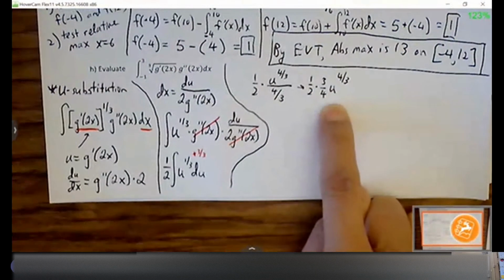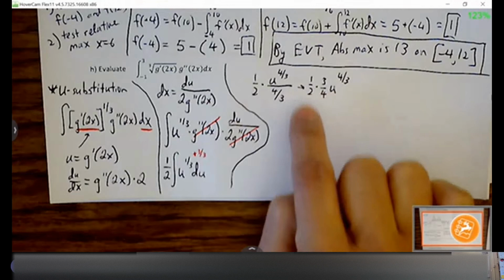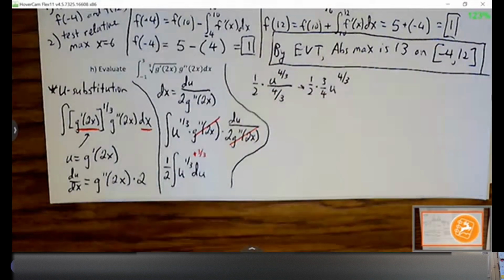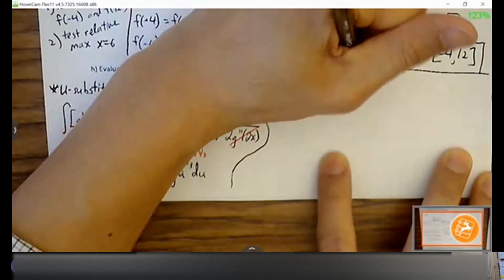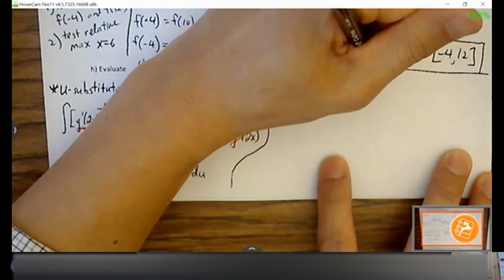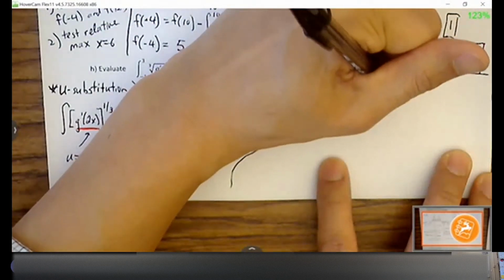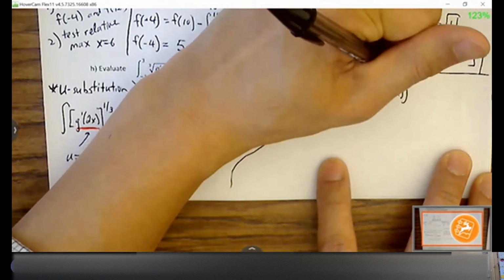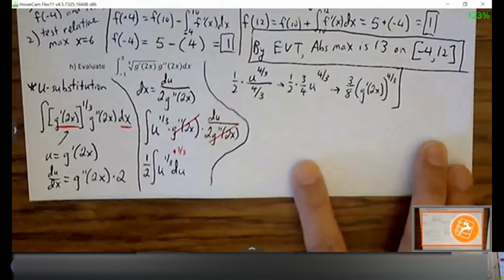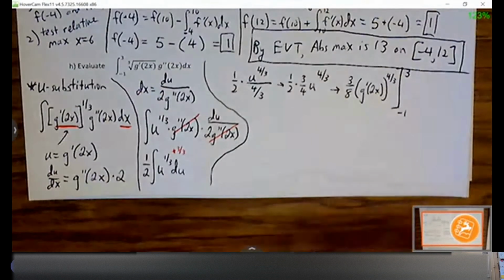We have our antiderivative. We got to involve the bounds, but I think maybe the cleaner thing is just get everything in terms of x, and then we can use the original bounds. So 3 over 8. Bring everything back in terms of x, and then I can now rely on my original bounds between -1 and 3.